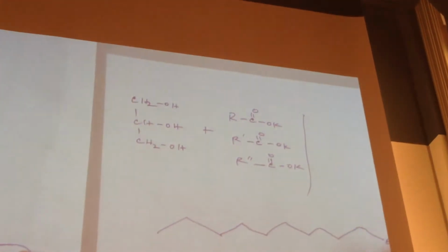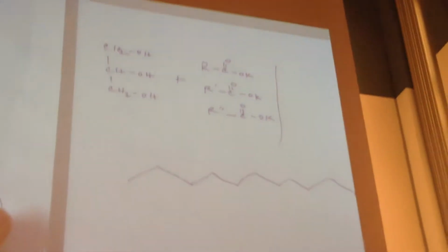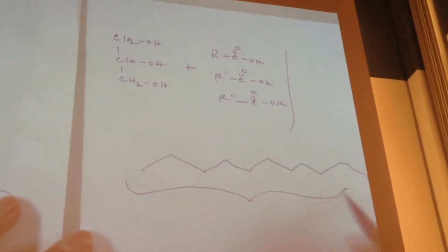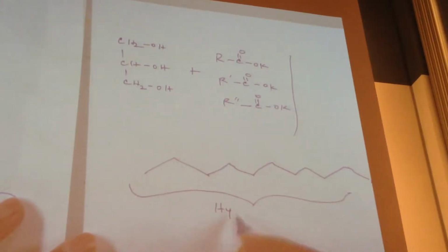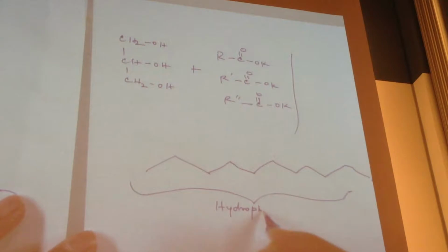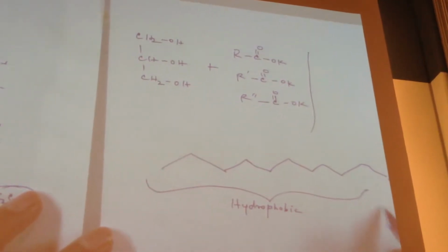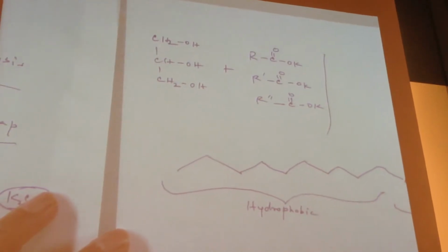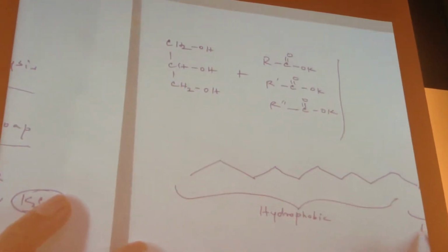Now, if you consider any of these, it has a very long hydrocarbon chain, and at the end you have a CO2 minus, K plus. One property of this type of compound is that you have a very long chain which is hydrophobic, and at the end you have a salt which is hydrophilic.